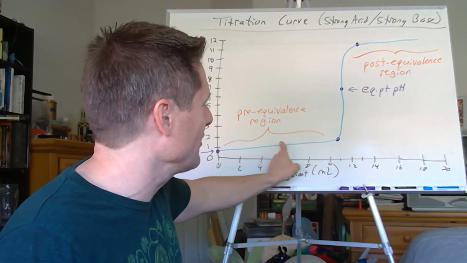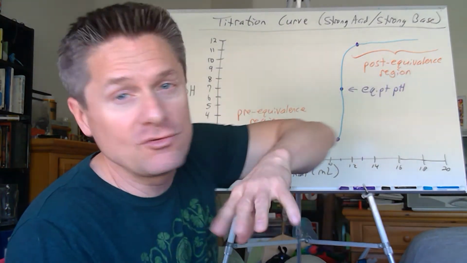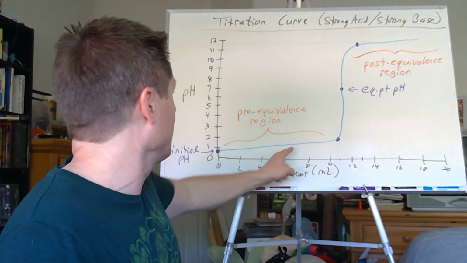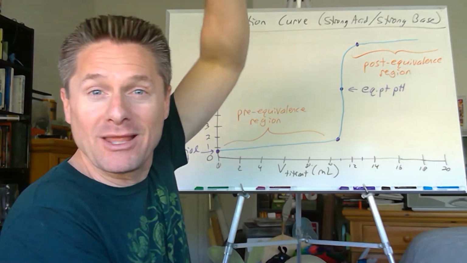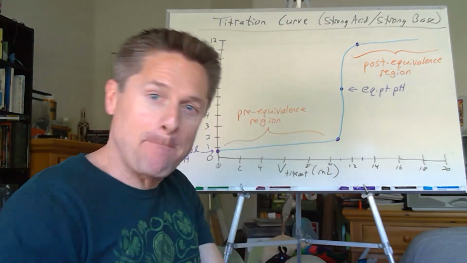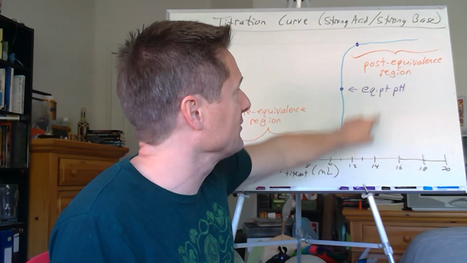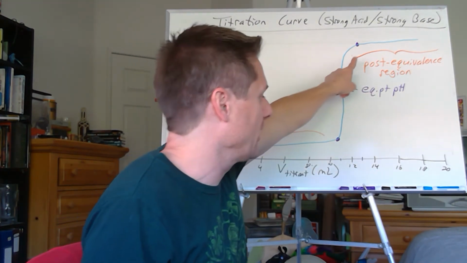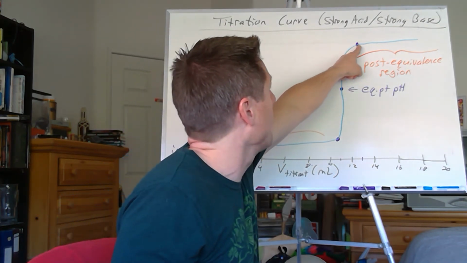So it just kind of stays low, and then boom! 1 or 2 drops right around the equivalence point, shoots up from like a 2 up to like a 10. Holy moly, look at that huge range. It just, bow! Like some cliff face. And then at 13 milliliters in the post-equivalence region, we were like 11.9 something, like 11.95 way up there.